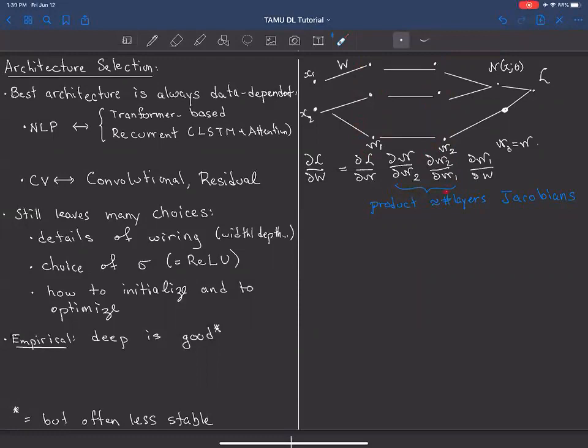Here I only had depth 2, so I had 2 Jacobians. And these kind of matrix products are often very numerically unstable. So if D is much bigger than 1, then these products, and therefore the whole derivative dL/dw, will often be poorly conditioned. It means it's either going to be very small or very large. This even has a fancy name, called the exploding and vanishing gradient problem.